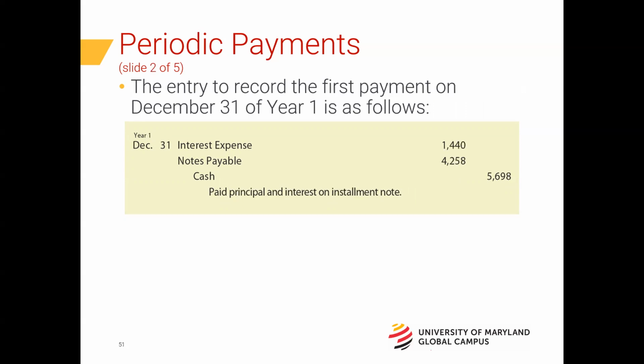Now I want you to observe something. This process is called amortization. When you amortize a loan, the principal balance and the interest change over time. The interest percentage remains the same, but the principal balance changes.